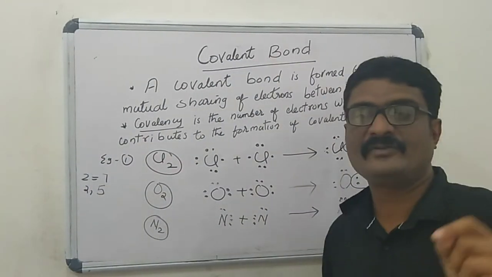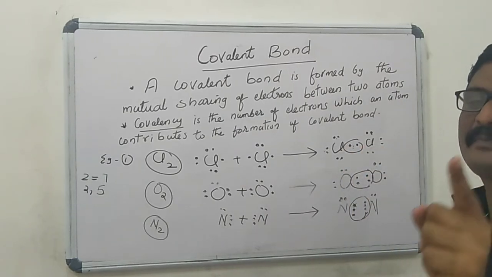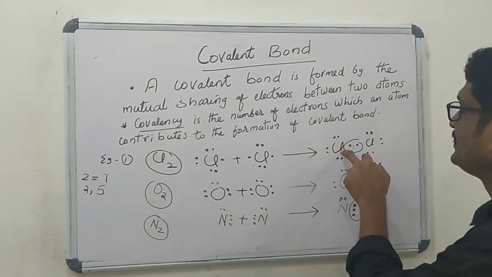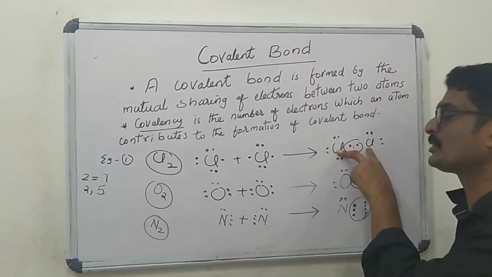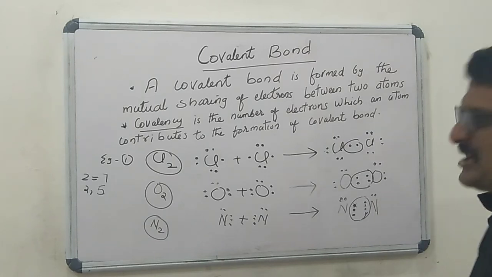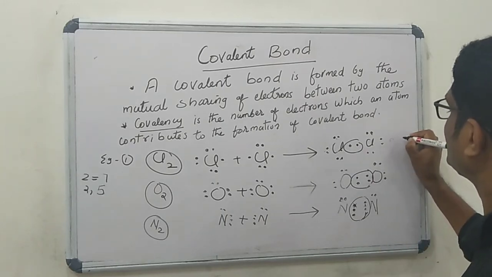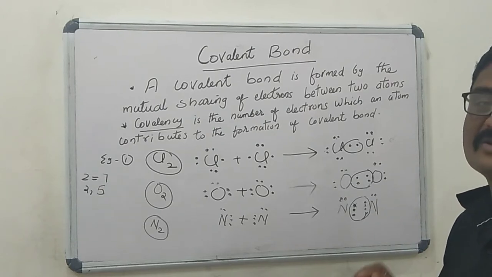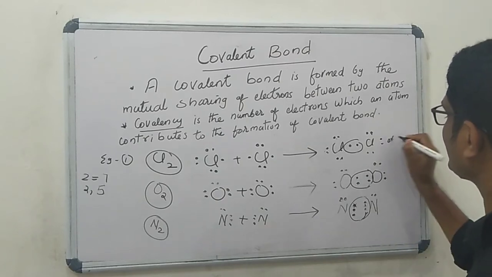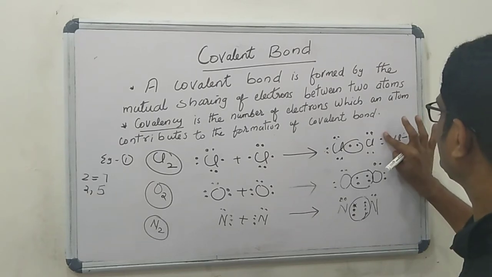The covalent bond formed by the sharing of 1 pair of electrons is called a single bond. Between the 2 chlorine atoms, 1 pair of electrons is involved in sharing, so it forms a single bond. We can represent the single bond using a single line, like this: Cl single bond Cl.